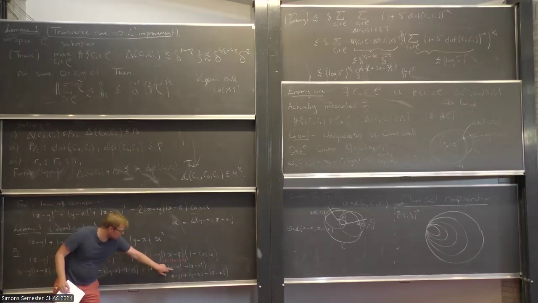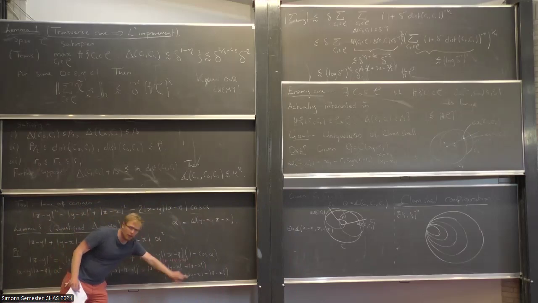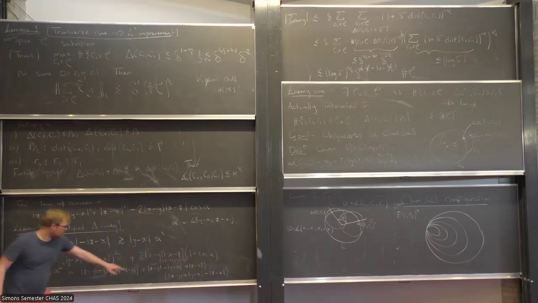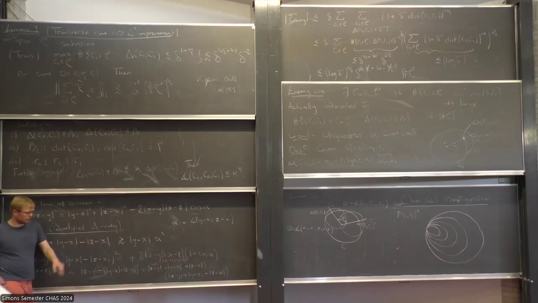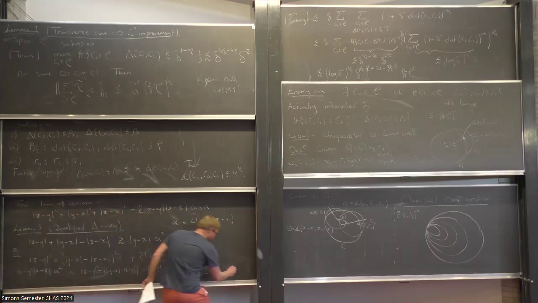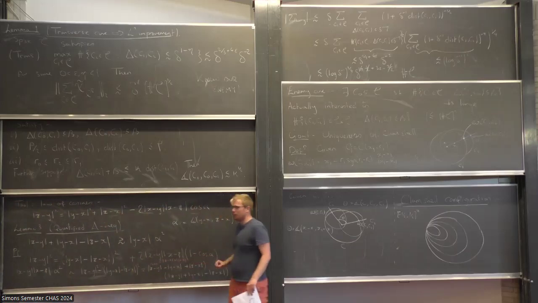This y minus x cancels with that. We get 2 z minus x. But then the z minus x on this side cancels with the z minus x on this side. And then we're left with what we tried to prove. Yeah. I did this quickly, but hopefully it makes some sense.